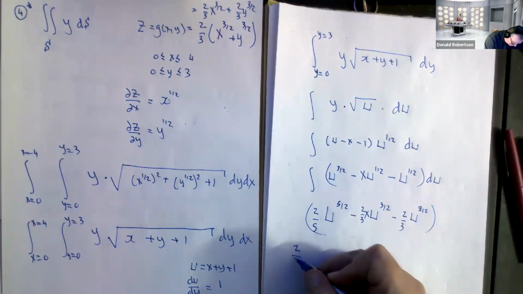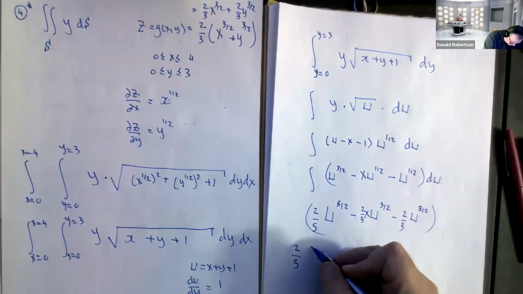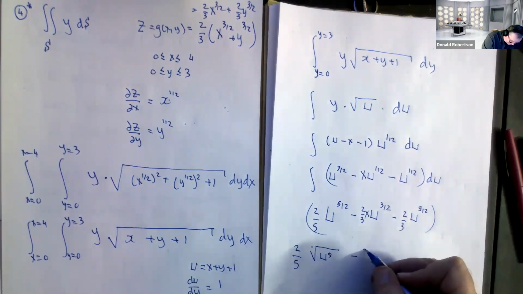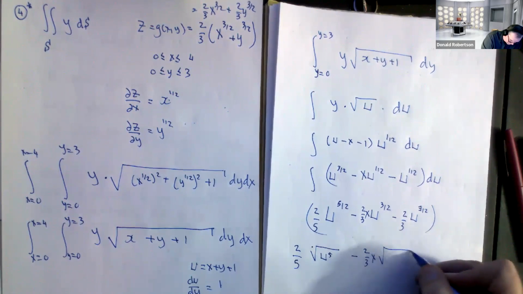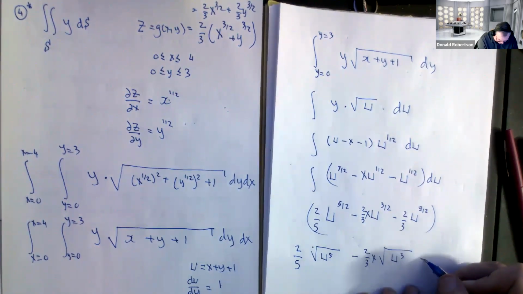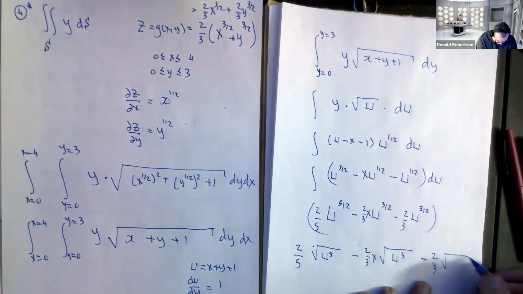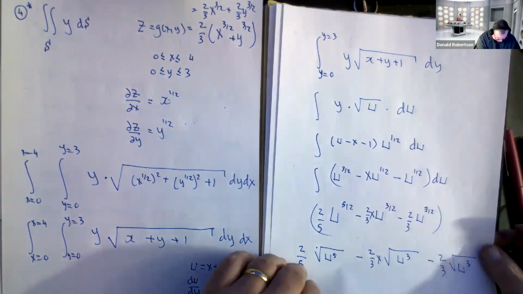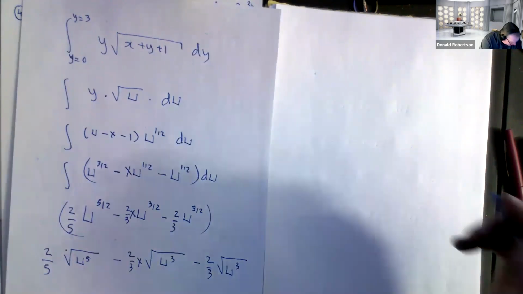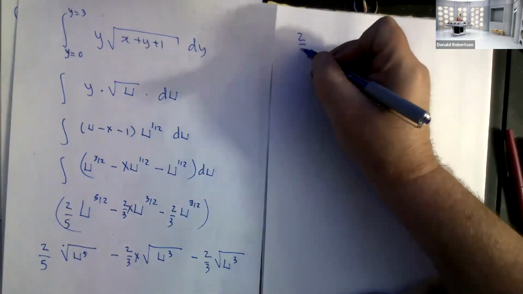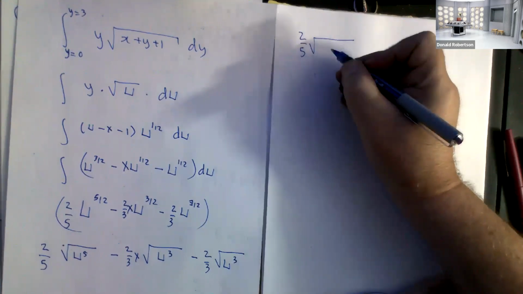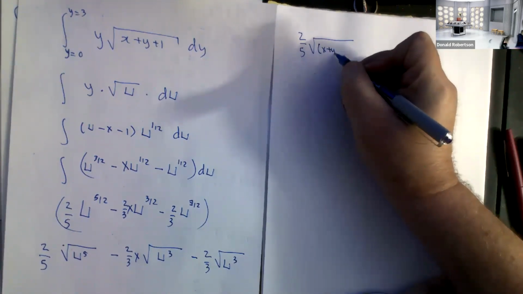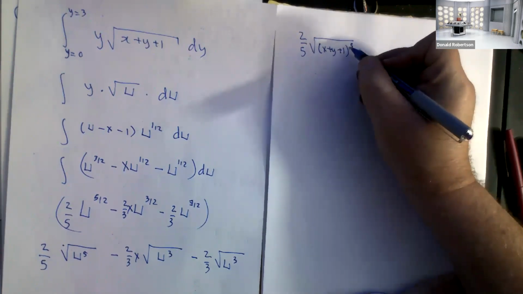Then replace the u here with 2/5 the square root of u to the 5, take away 2/3 x square root of u cubed, take away 2/3 the square root of u cubed. Then I will replace the u with x plus y plus 1 to the 5.